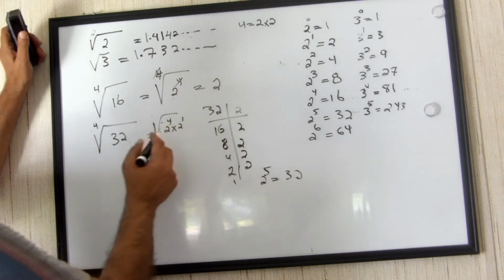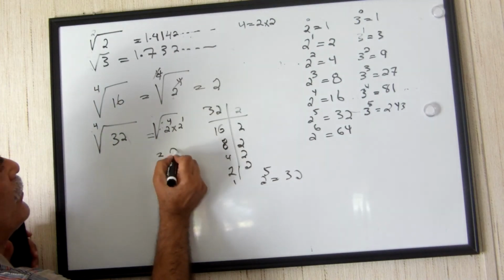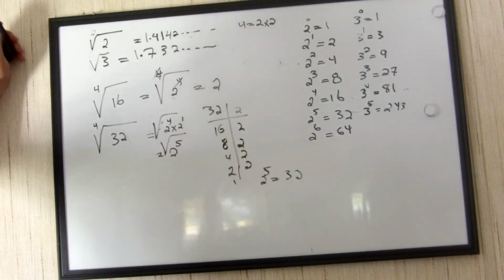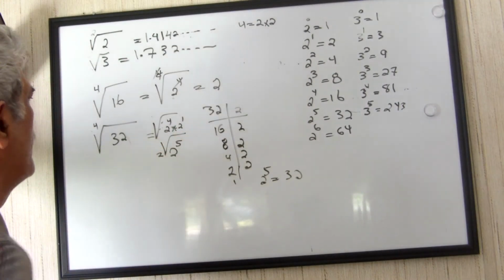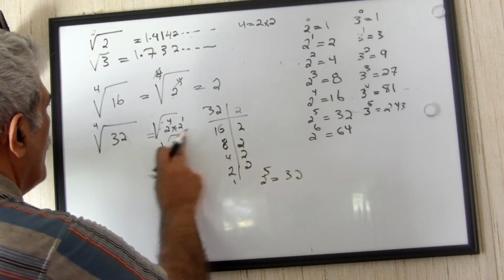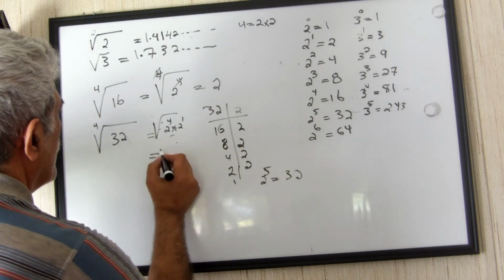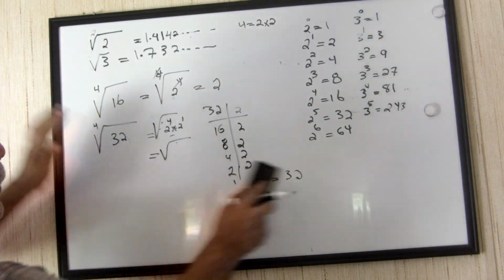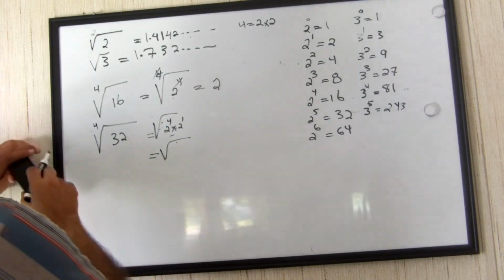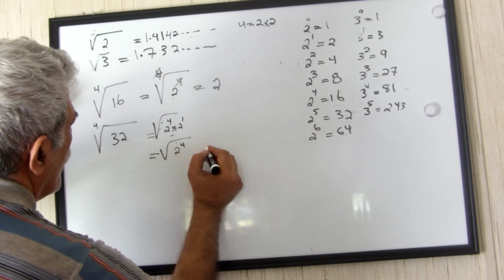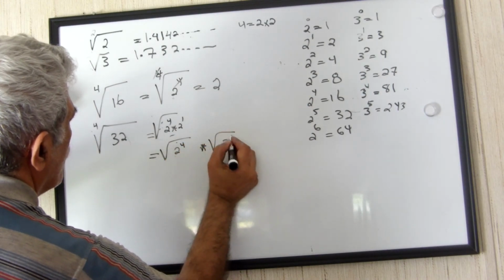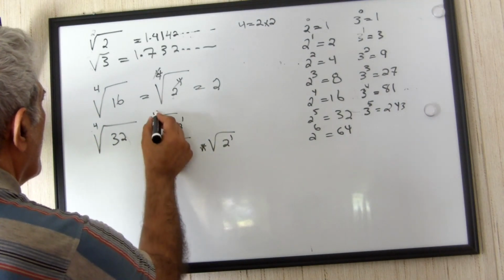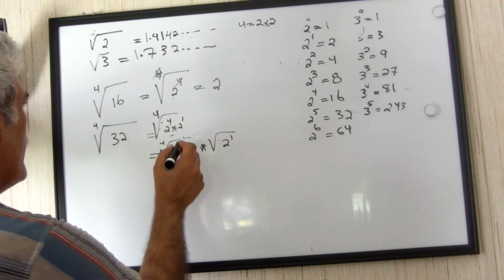This is the same as 2 to the power of 5, because if your bases are the same, we add the exponents together. This is multiplication. So we can write it this way: 2 to the power of 4 times 2 to the power of 1. The index is 4, so the 2 to the power of 4 is going to cancel.